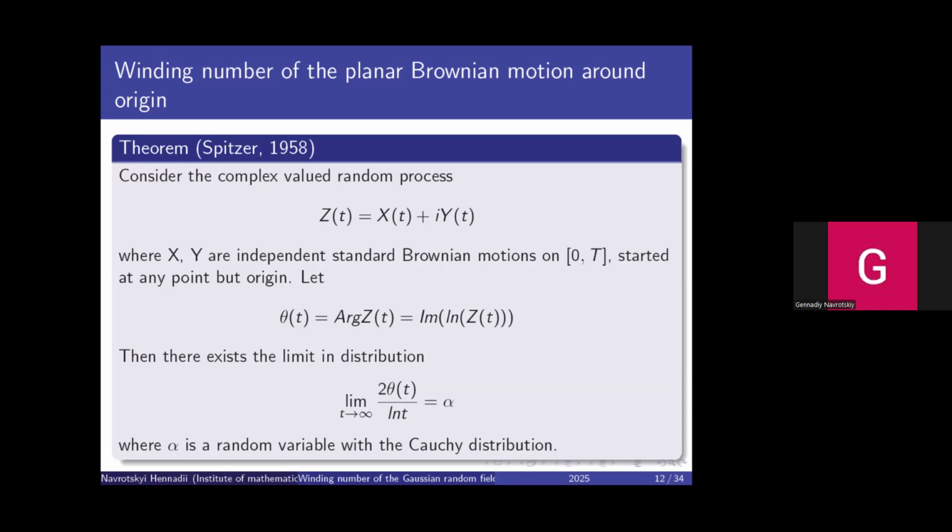It occurs that the winding number, when divided by logarithm t, converges in distribution to alpha, where alpha is some Cauchy distributed random variable. And this theta of t is connected to the winding number, since it is clear that the change of theta is just equal to our winding number.